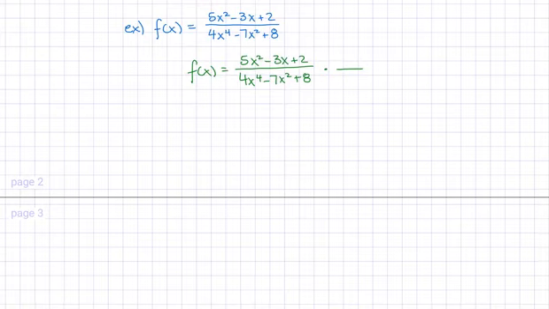Yeah, I'm going to multiply by 1 over x to the fourth over 1 over x to the fourth, or divide by x to the fourth. And again, we're picking x to the fourth because that's the biggest exponent, whatever the biggest exponent is. So now I'm going to divide each term by x to the fourth.